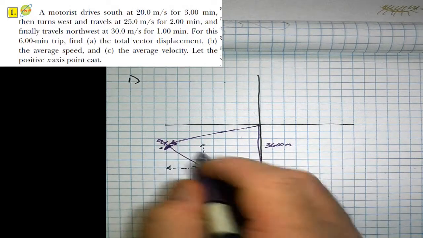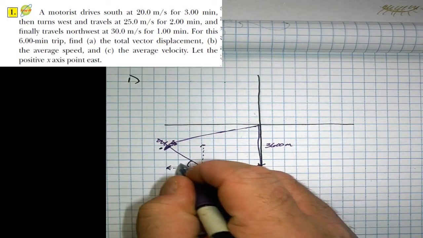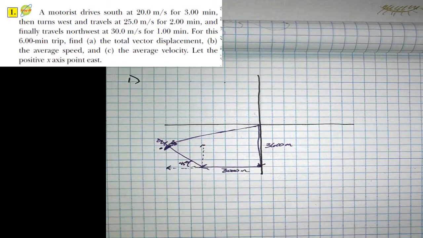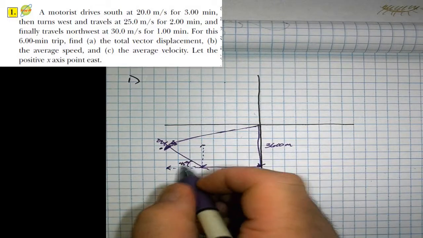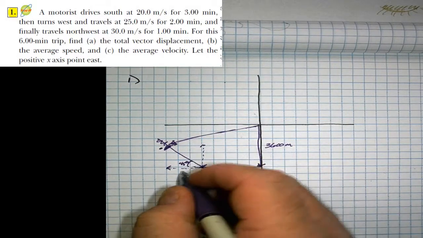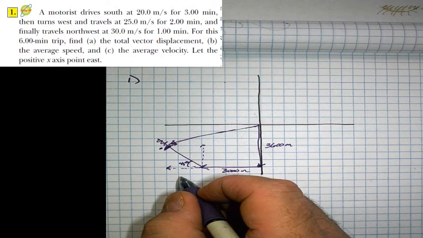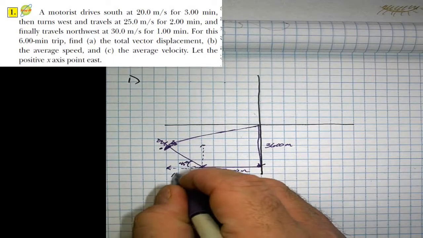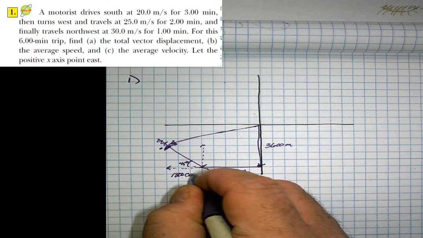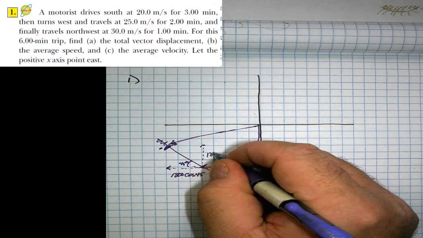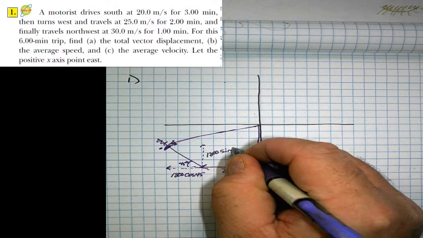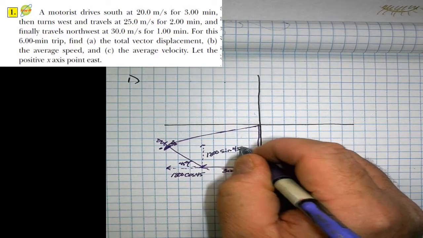With this being a 45-degree angle at northwest, this horizontal distance is going to be 1,800 cosine 45, and this is going to be 1,800 sine 45.